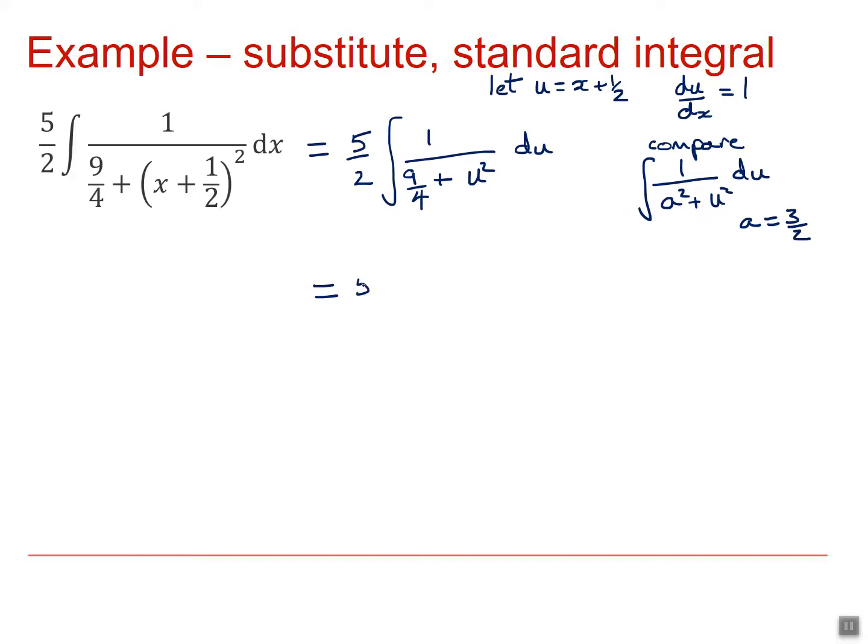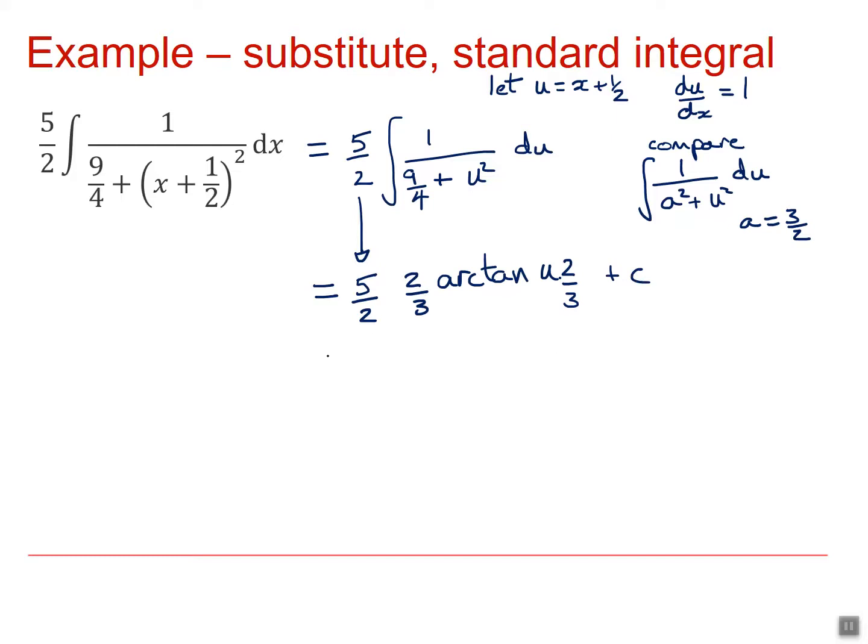I need the 5 over 2 copied through from here. And then the result here is 1 over a, so that's 2/3, inverse tan, so that's arc tan u over a, so that's u times 2 over 3. And that's plus a constant.